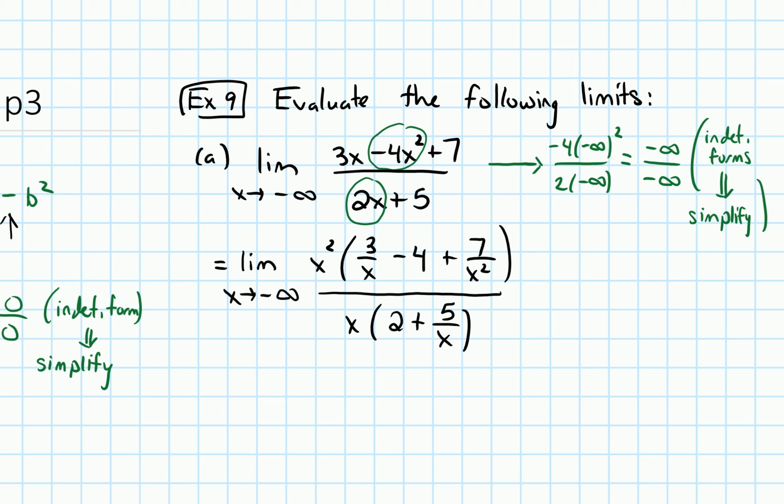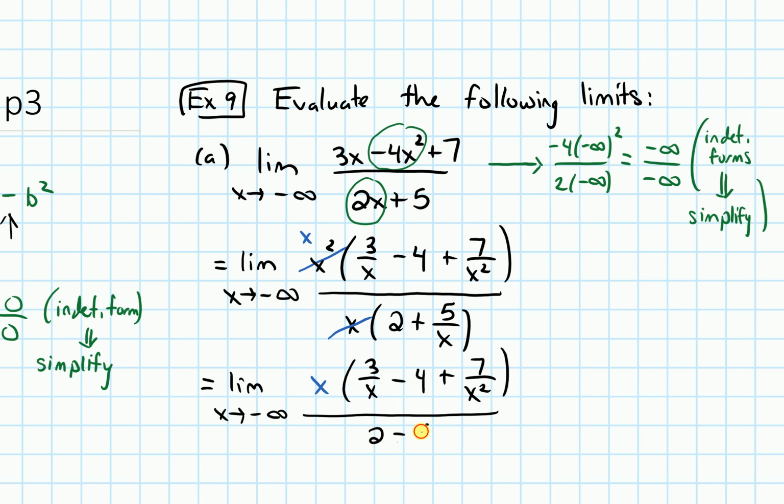Okay, so now I can cancel a little bit. I have the limit as x approaches negative infinity. And the x squared and the x will cancel. I can cancel one of those x's, and I'll be left with just x on the top. So I have x times 3 over x minus 4 plus 7 over x squared, over 2 plus 5 over x.